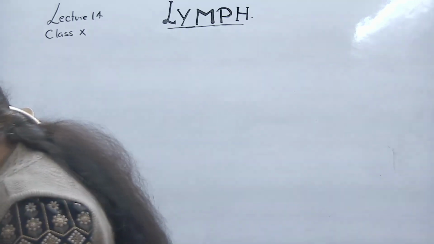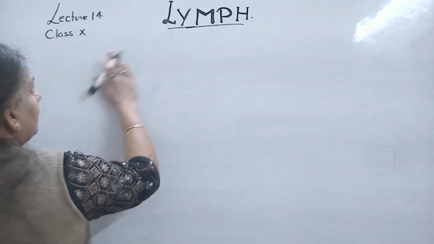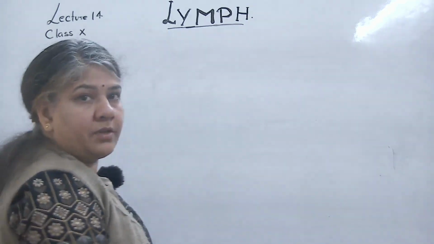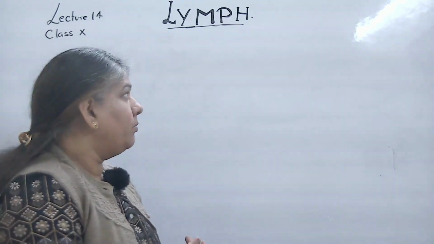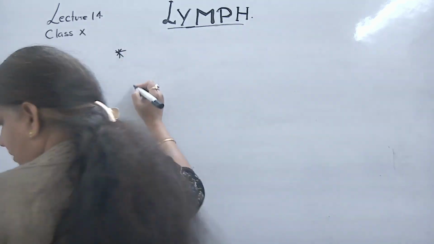See, lymph flows due to contraction of surrounding muscles. So some unique features of this lymphatic system you must also know. So make a few important points.